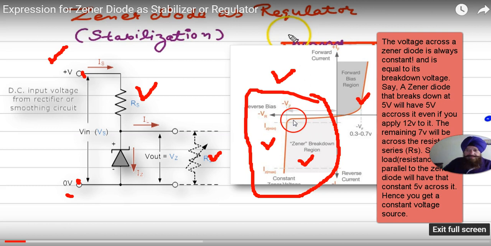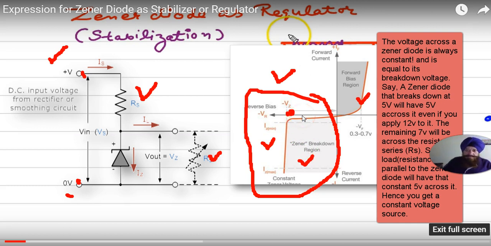But on reaching this point, suddenly there is a sharp rise in current. And here breakdown takes place. And this breakdown is the Zener breakdown.